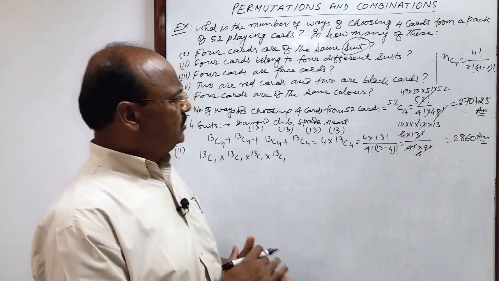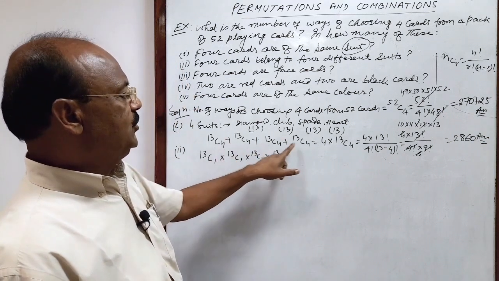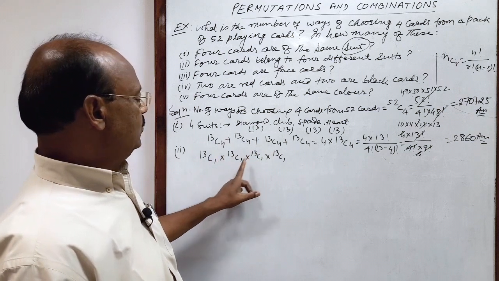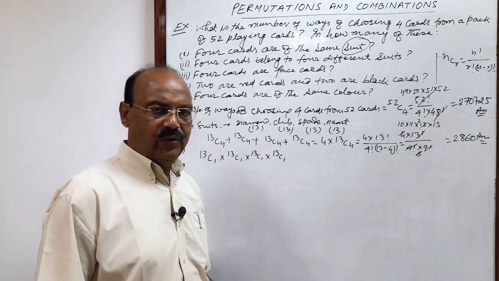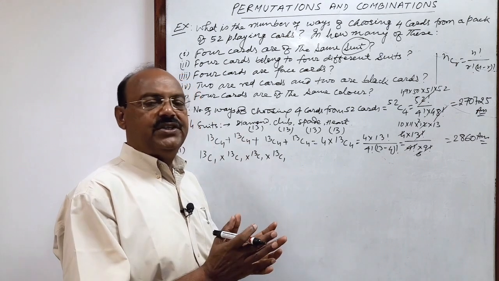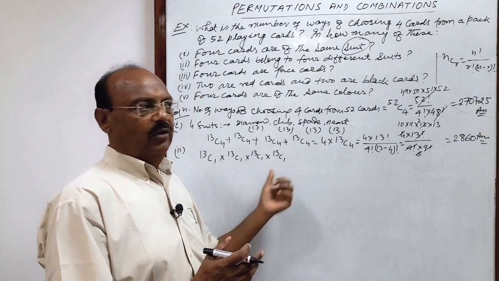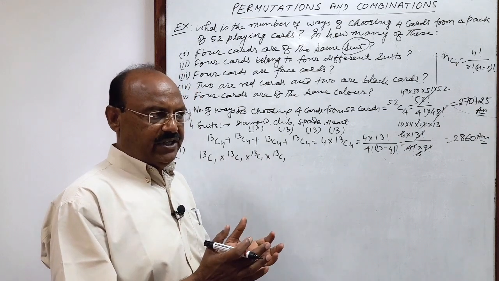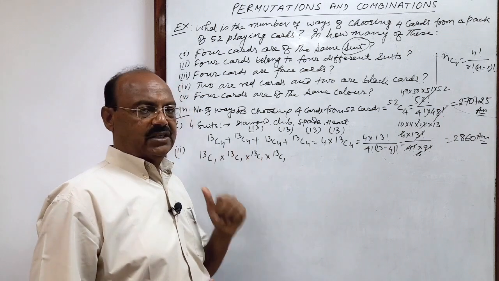Now the basic confusion is here, that sometimes we put the addition sign and sometimes we put the multiplication sign. Why? Very simple answer. When our job has not been completed, we will have the multiplication sign. When our job has been completed at any particular moment, there will be the addition sign.